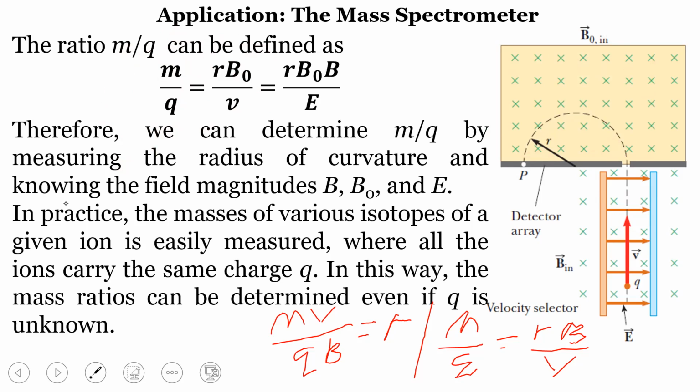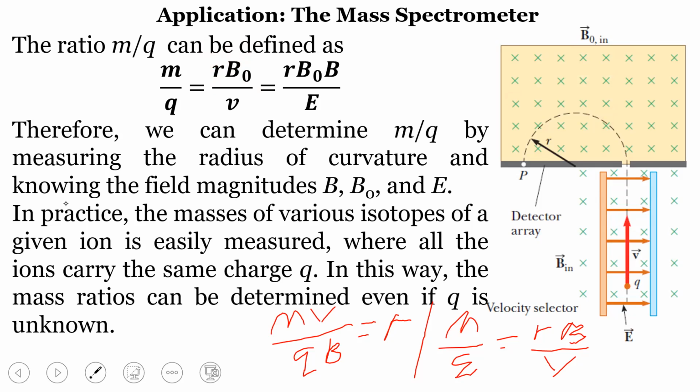So in this case, we've established that the velocity is the same for all the streams of electrons, right? Because the electrons are coming in, having gone through a velocity selector. They are all coming in with a certain velocity v, and they are all entering the same region B naught. The only thing that can change here is the radius.